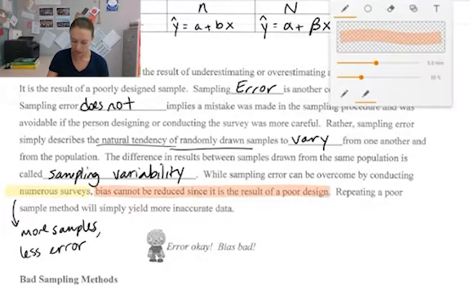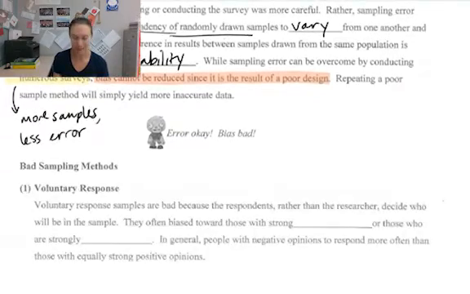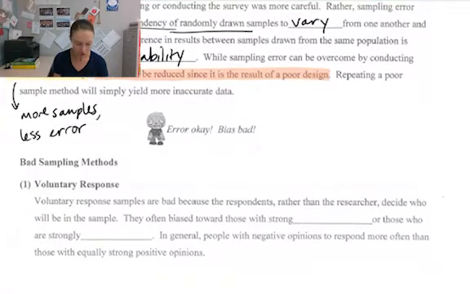So be really careful. We can reduce sampling error, but we can't reduce bias. If we just repeat the sampling method, we're just going to have more data that's bad. We're not going to fix it. So error is fine. We want to minimize our sampling error by taking multiple samples, but bias is not fine. So let's look at some bad sampling methods.